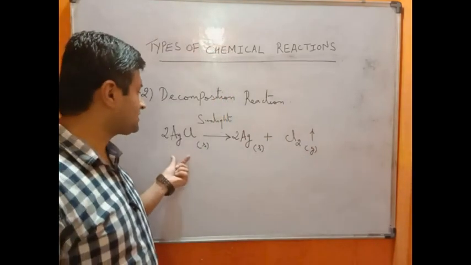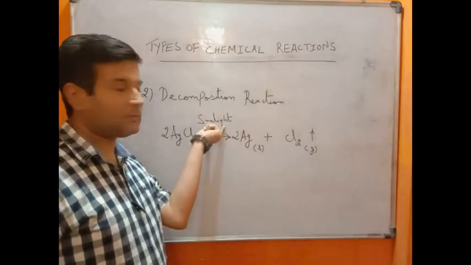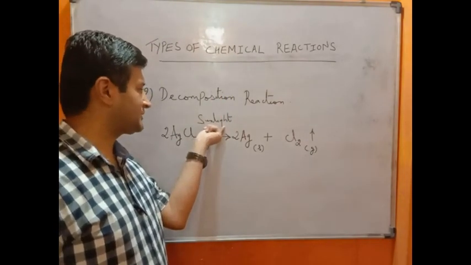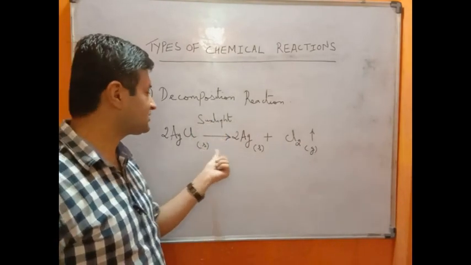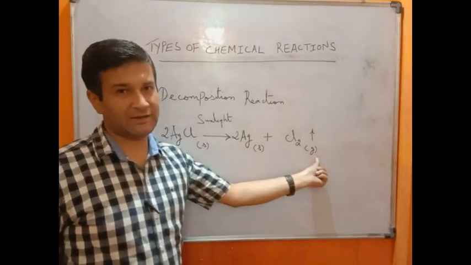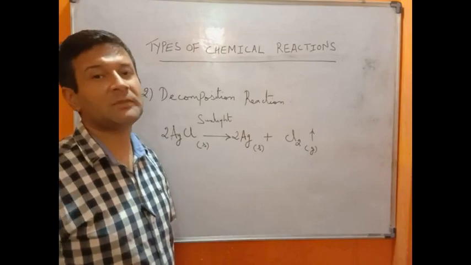So in this equation we have mentioned the condition required for this reaction to take place, that is sunlight, above the arrow, and we have also mentioned the physical states as well. So this is an example of endothermic reaction.